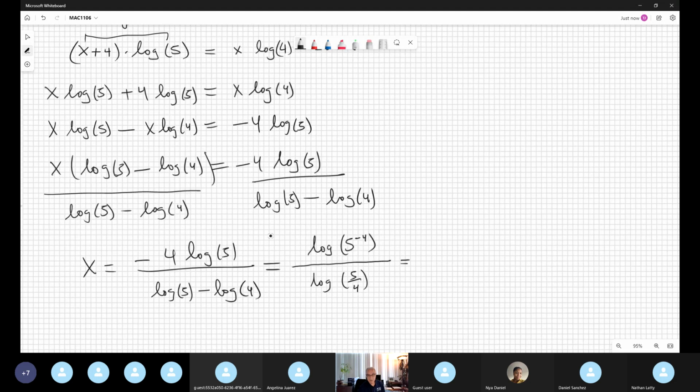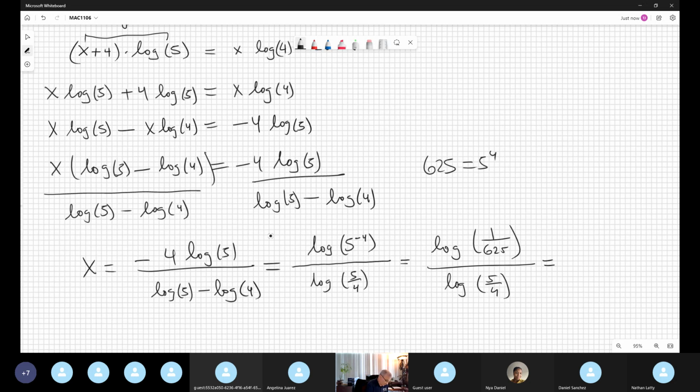This is logarithm of 1 over 625, because 625 is 5 to the 4, divided by logarithm of 5 over 4. That's right.